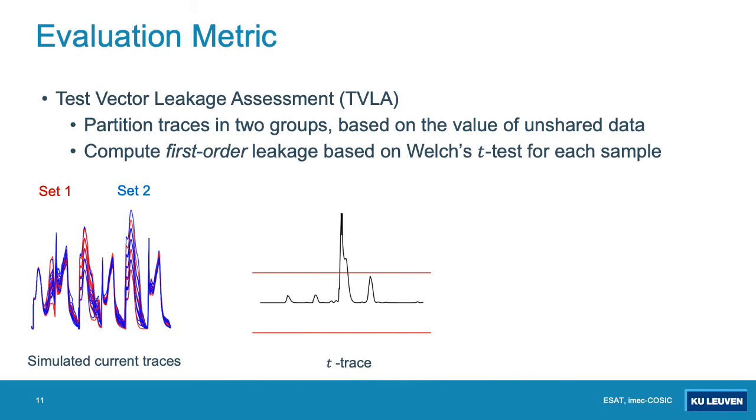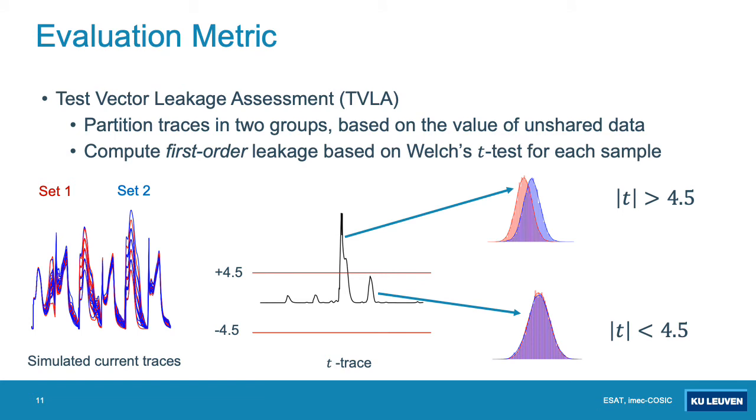Then we compute the so-called t-trace, obtained by performing the first-order Welch's t-test on the simulated traces sample-wise. What the test checks is whether the statistical moments of the two distributions for each sample are distinguishable. For first-order security, the moment in question is the mean. If a sample has a t-trace value above 4.5 in absolute value, this means that the two distributions can be distinguished, and we say that the design leaks information.